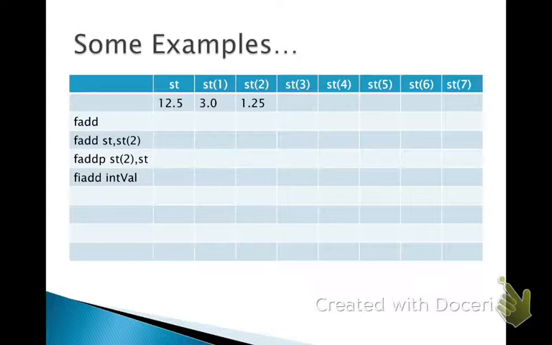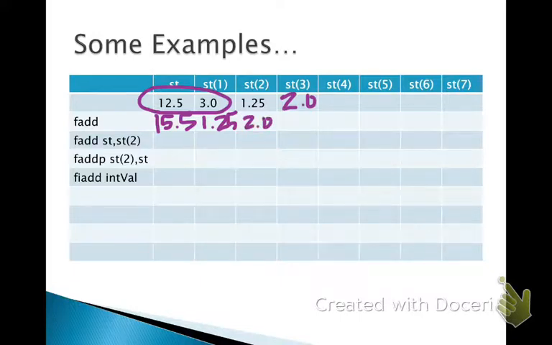Our first instruction is going to pop stack top and st1, add them together, 15.5, and push that on the top of the stack. In this case, let's throw another value here and say 2.0. So 2.0 is going to be here.